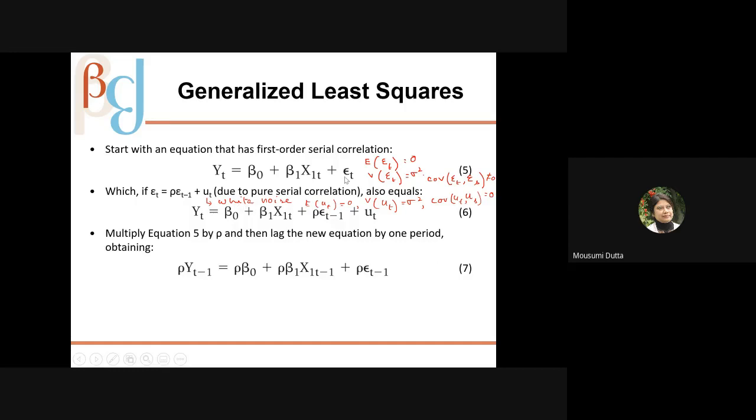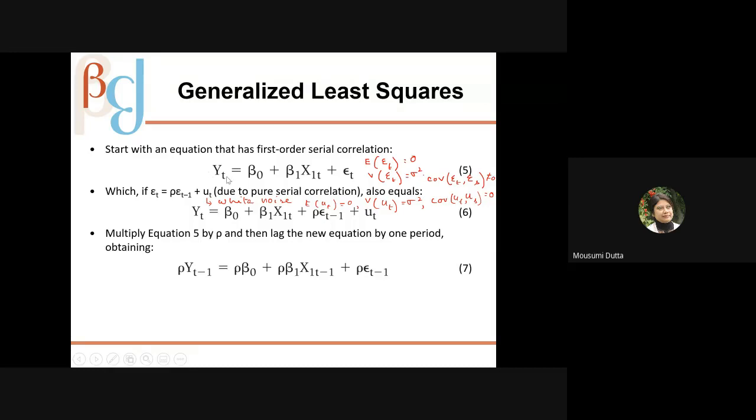First I'm multiplying by rho, so rho y t equals rho beta naught plus rho beta 1 x1 t plus rho epsilon t. And then I'm lagging the time by 1 period. So ultimately the equation will look like this: rho y t minus 1 equals rho beta naught plus rho beta 1 x1 t minus 1 plus rho epsilon t minus 1. So this is the form.